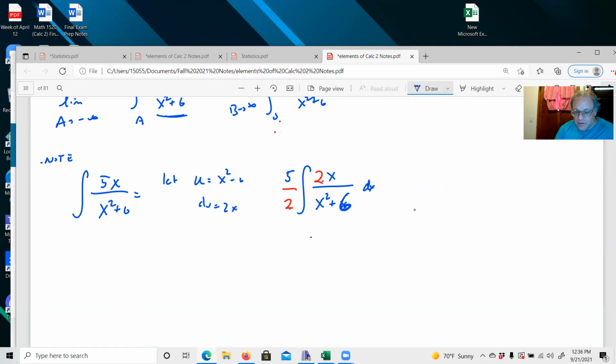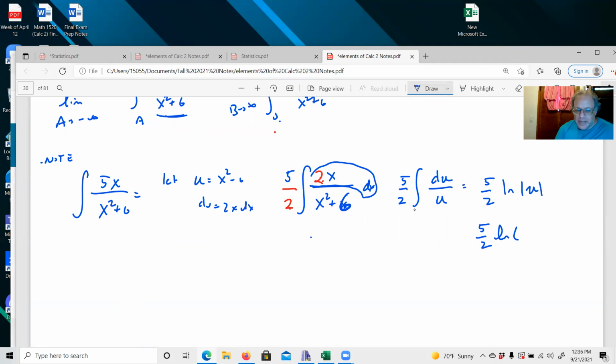So now this is 5 halves times the integral of 2x dx, which is my du, with x squared plus 6 in here for u. So this is 5 halves natural log of x squared plus 6. And we don't need the absolute values because x squared plus 6 is always positive.